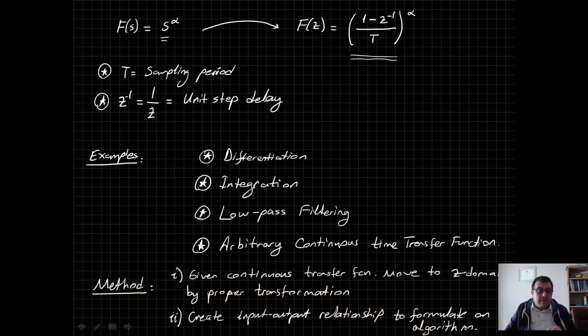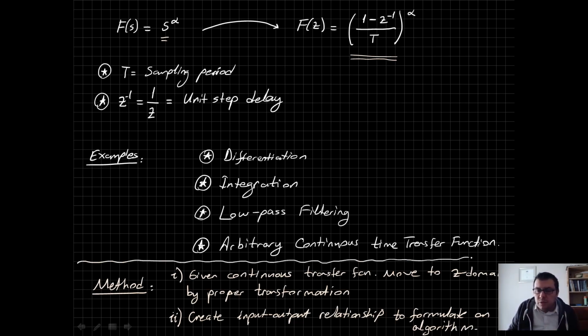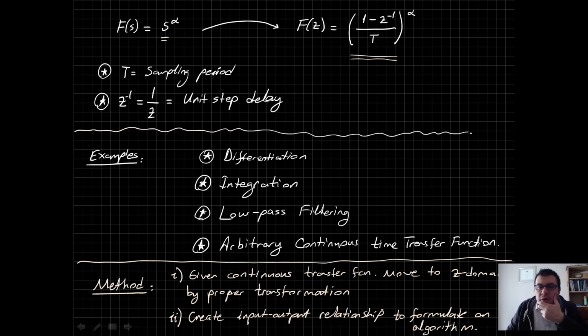This part is tricky. All of the implementations will be made following these two schemes, and the examples will cover differentiation, integration, low-pass filtering, and an arbitrary continuous time transfer function. Let's start with the first one.